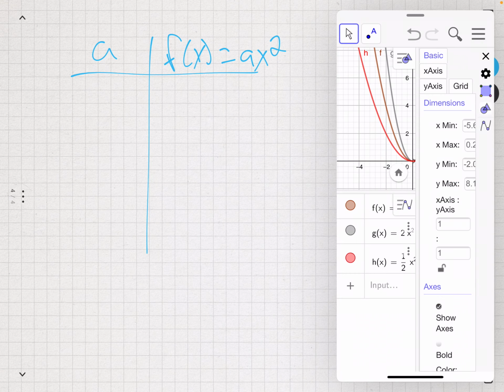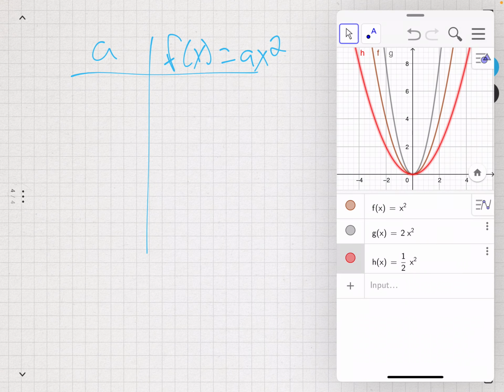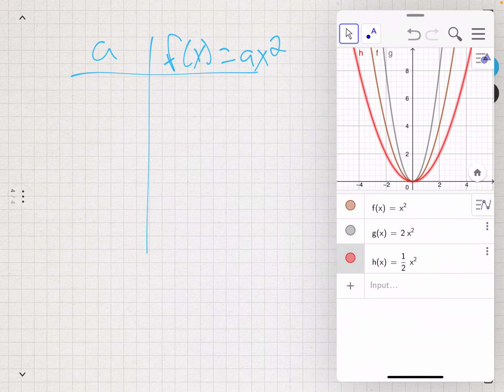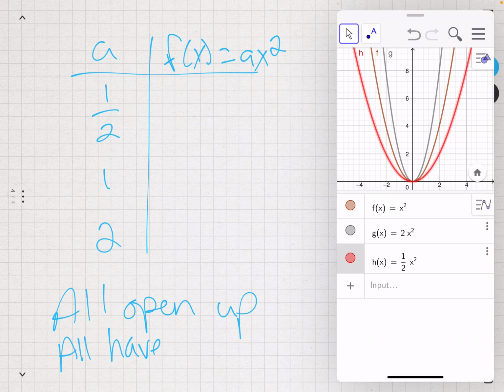There we go. So I have these three graphs: h of x is the 1/2, g of x, the gray one, is 2x squared, and f of x is just x squared. If a equals 1/2, 1, or 2, they all open up and all have a min at f of 0.